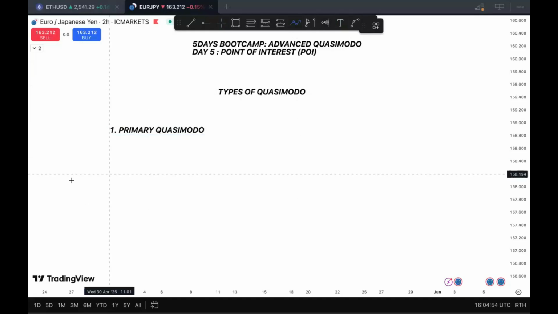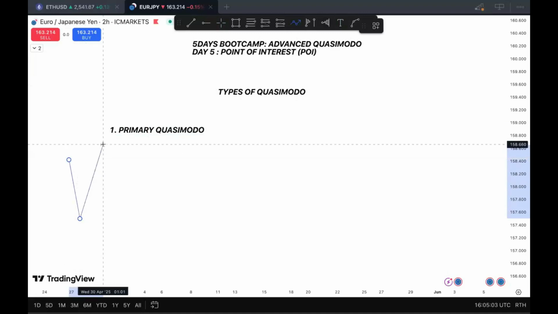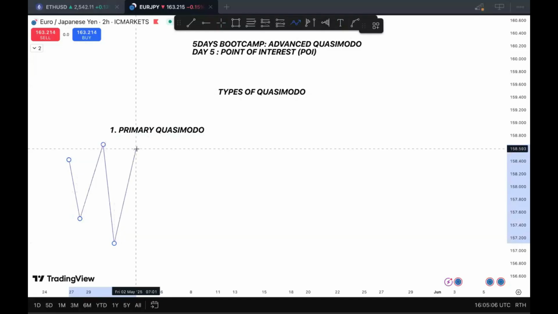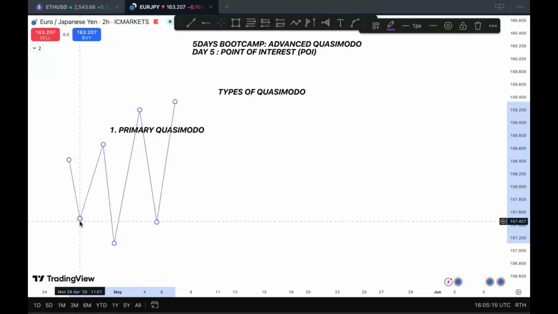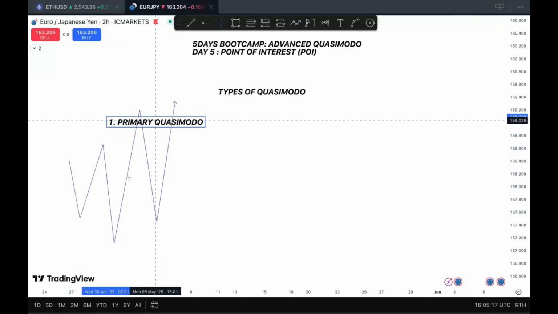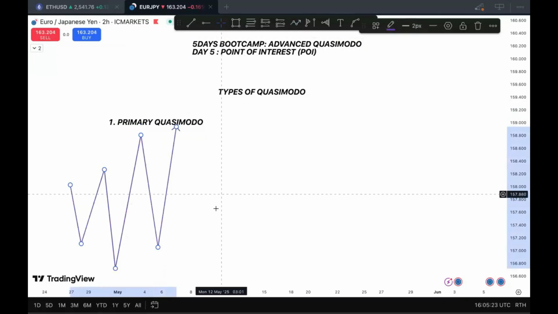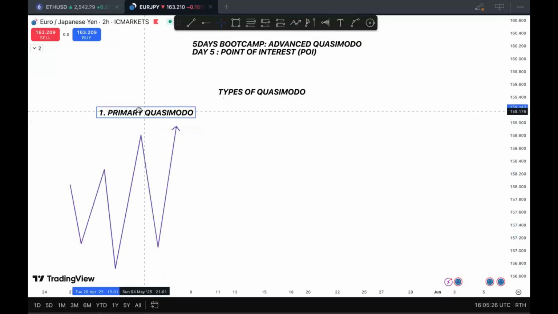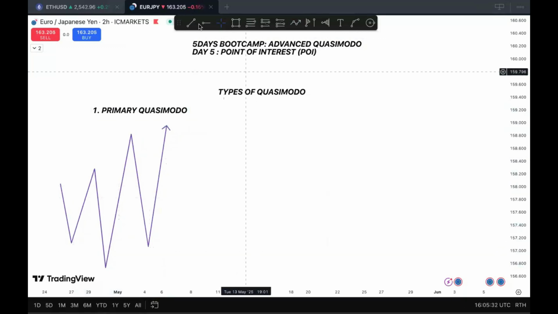This is how the primary Quasimodo looks like. The Quasimodo is the failed order block.